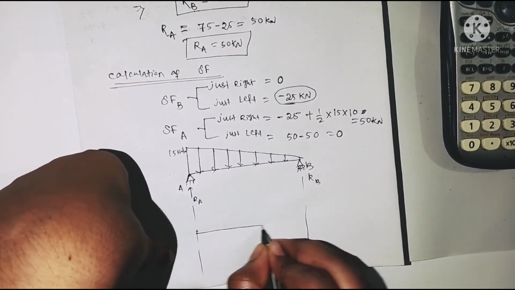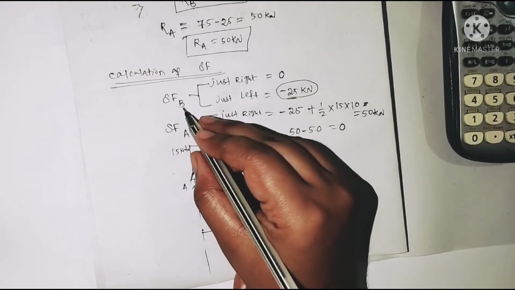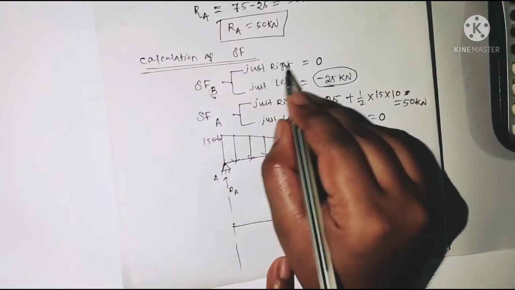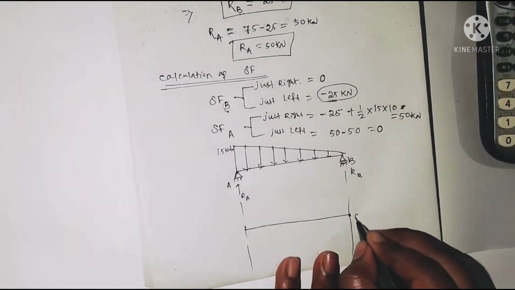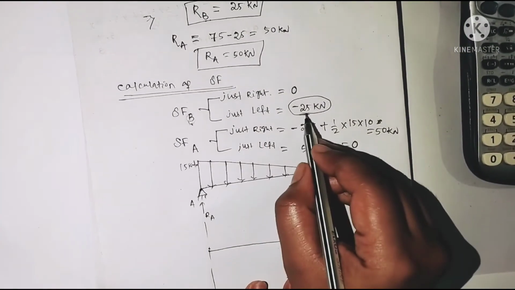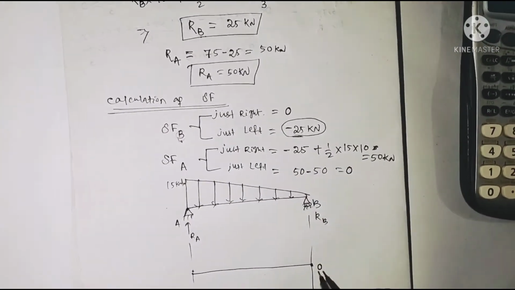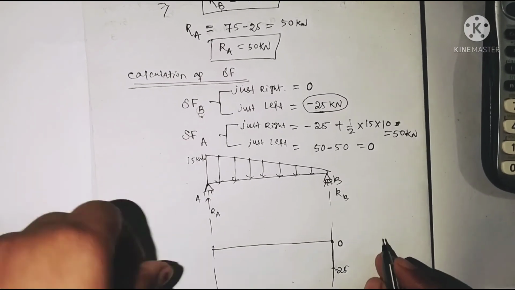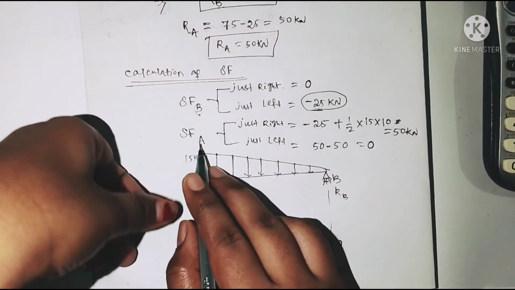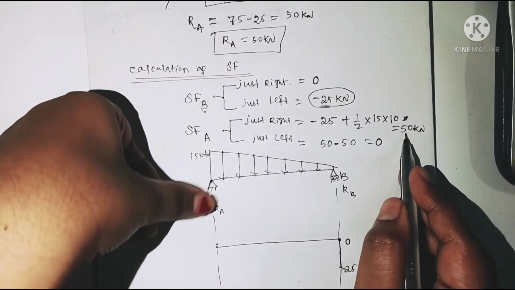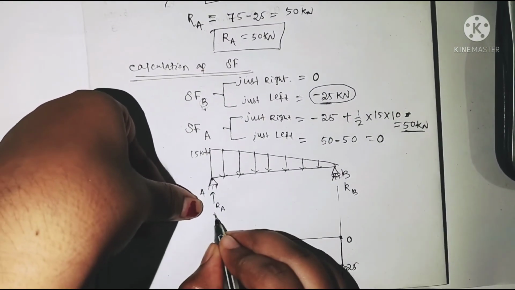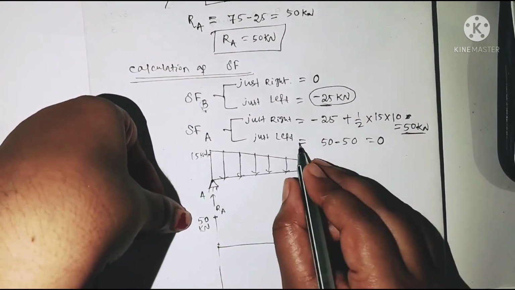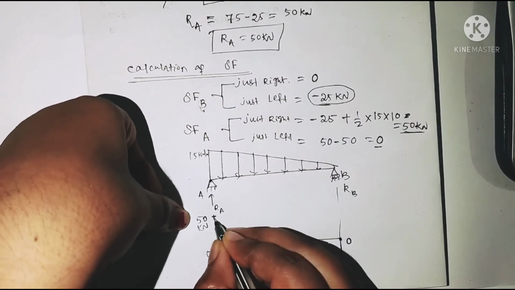At point B, just right, the shear force will be 0. At just left, the shear force will be minus 25, so we come downward, that is 25, and the sign is minus. And the shear force at A, just right, is plus 50 kilonewton. So this is 50 kilonewton, and at just left it will be 0. Join it.